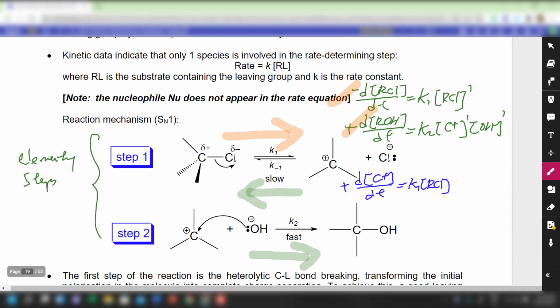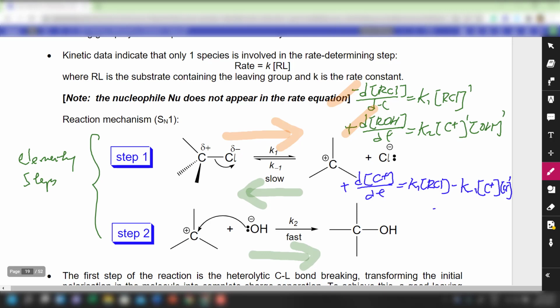First we have the formation of the carbocation, which is based on K1 multiplied by RCl. Next we have the consumption of the carbocation, so we need to put a minus sign here, which is dependent on K-1, the concentration of the carbocation and Cl minus. Apologies, there's no space.